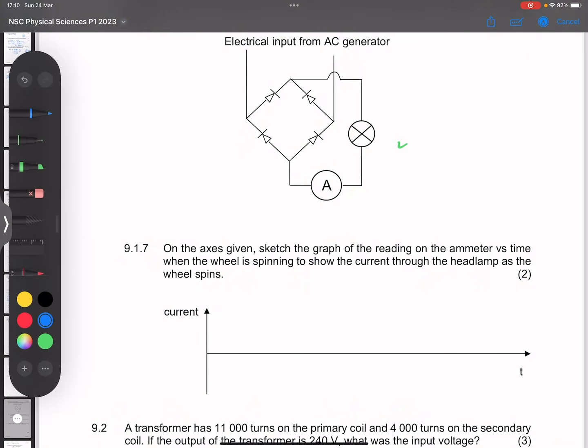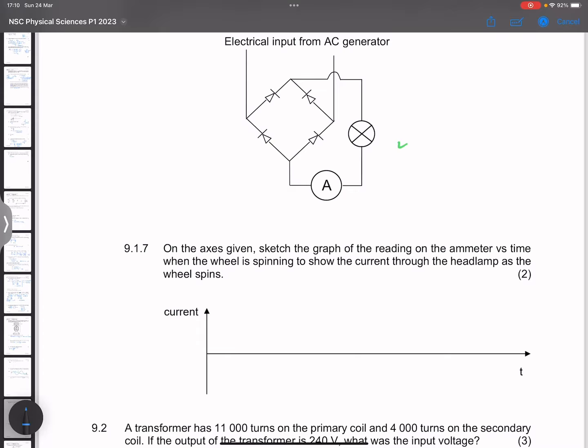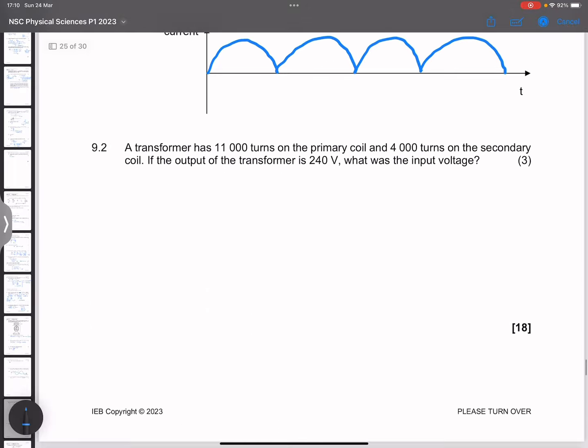It's going to convert our AC current into direct current. So I'm expecting to see this. What should have been a full cycle now becomes, remember, it's in one direction this time around. I hope that makes sense.